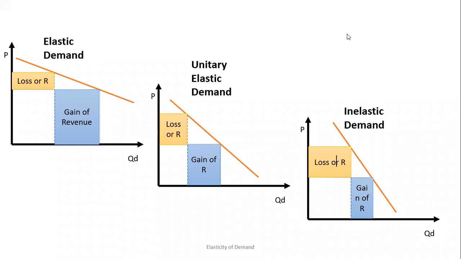Therefore, this represents the case of inelastic demand, where a decrease in price resulted in a decrease of revenue. In other words, in this case, price and total revenue are moving in the same direction.